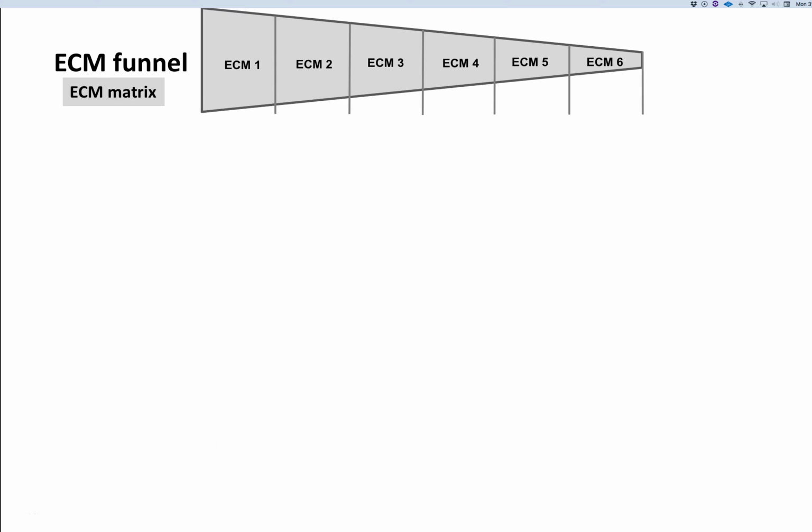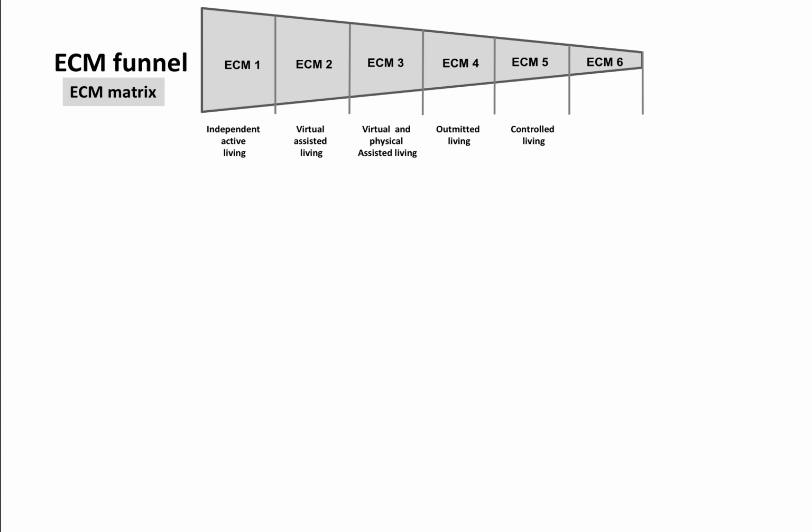We'll now take a look at the ECM funnel with the different filters again. ECM 1, Independent Active Living. ECM 2, Virtual Assisted Living. ECM 3, Virtual and Physical Assisted Living. ECM 4, Outmoded Living. ECM 5, Controlled Living. And finally ECM 6, Hospitalized Living.